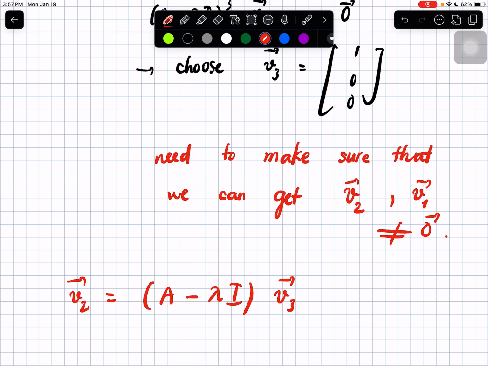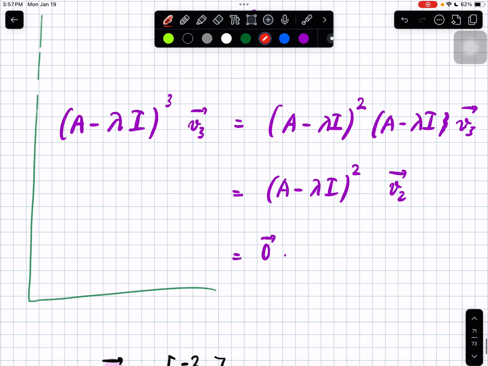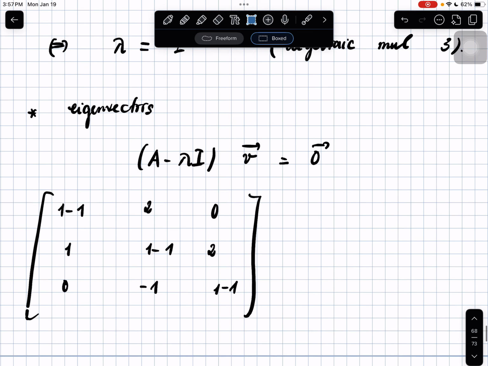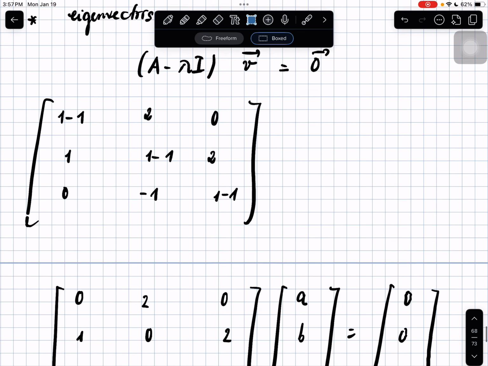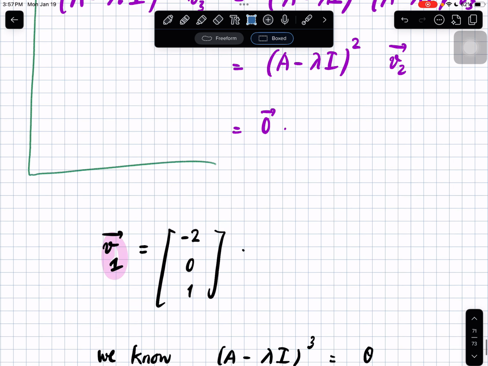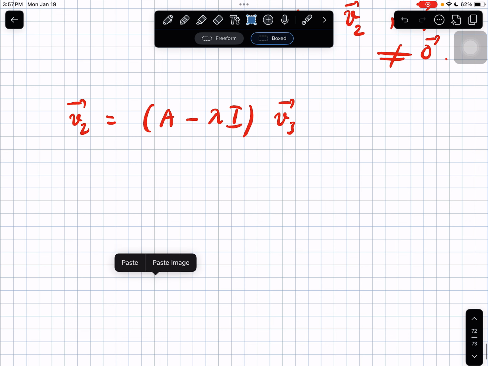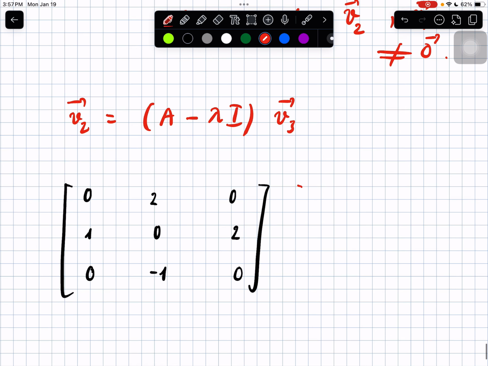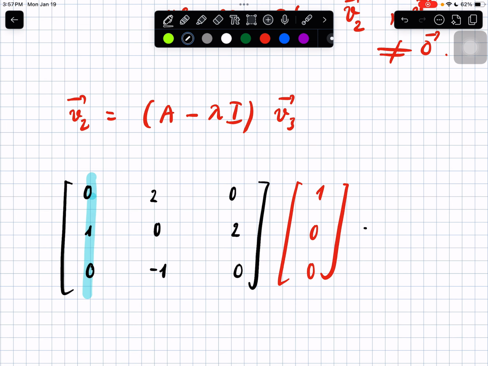This picks the first column of A minus lambda I, which gives us (0, 1, 0).